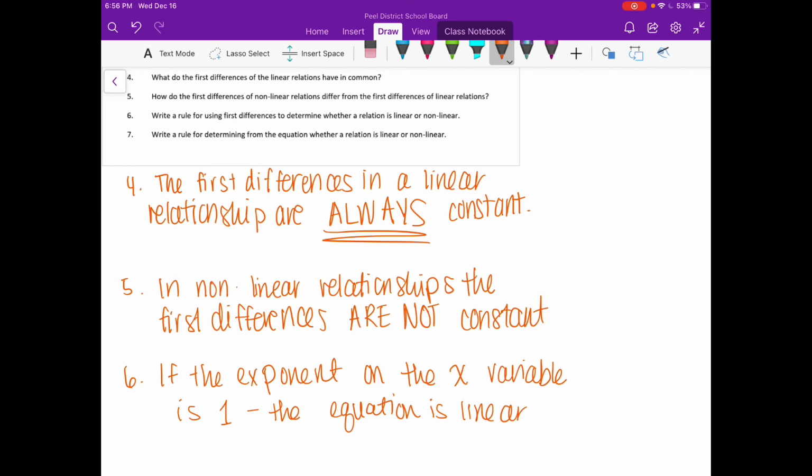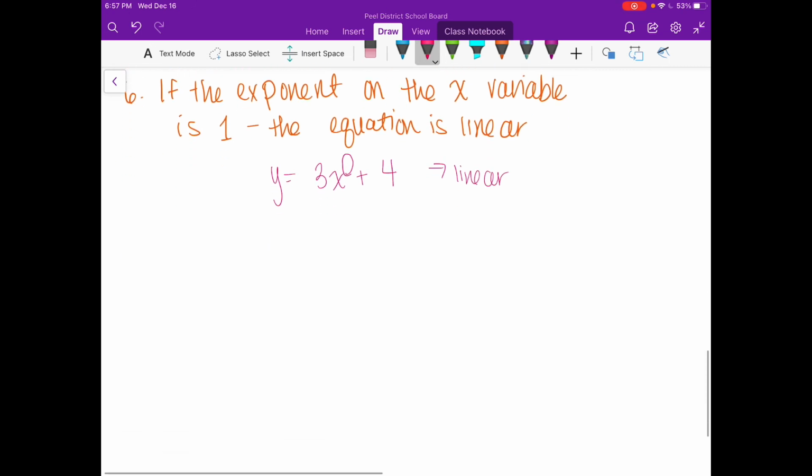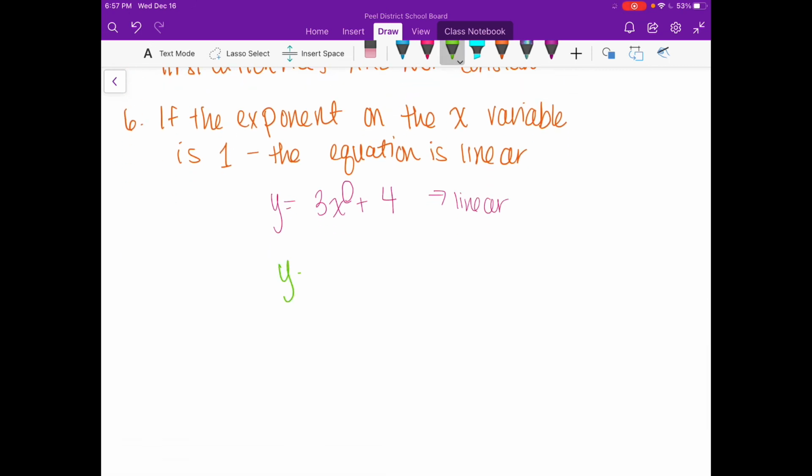So what this basically means, if you had an equation like y equals 3x plus 4, because here there's no exponent, we assume it's 1. This is a linear relationship. If you had something like y equals 3x squared plus 4, because there's a square, this is nonlinear.